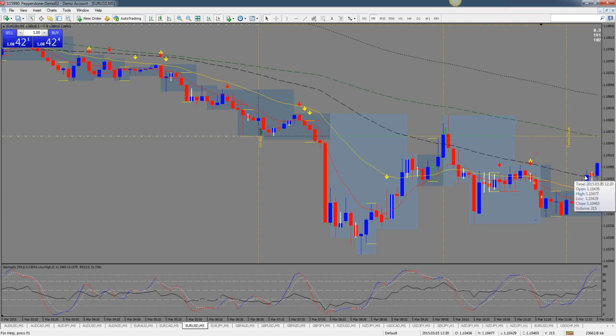Okay, we're now creating a new fractal high here. But we also are creating a crossover of the moving averages. If you look at the other moving averages, the 90 is now flattening out.